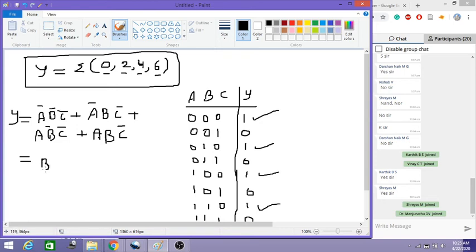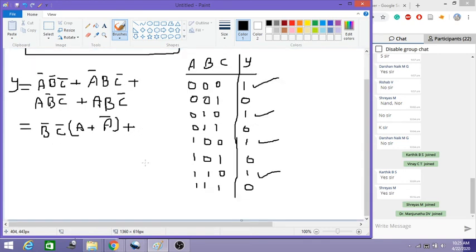So now I'll take the B bar into C bar as common, then I'll get here A plus A bar. Plus, is anything common here? Yes, here also there are two things common, that is B and C bar. So let us take B and C bar common. I'll move this table slightly to the right.